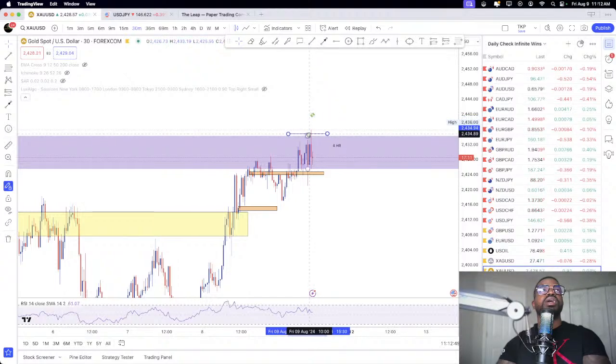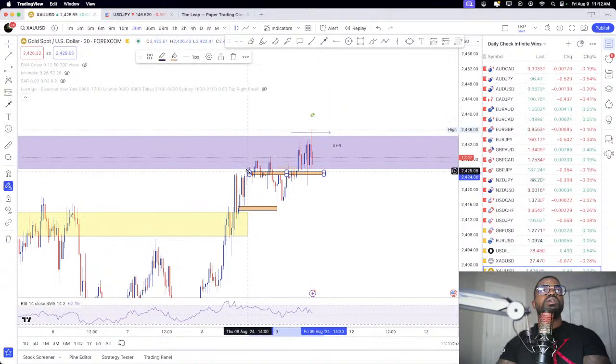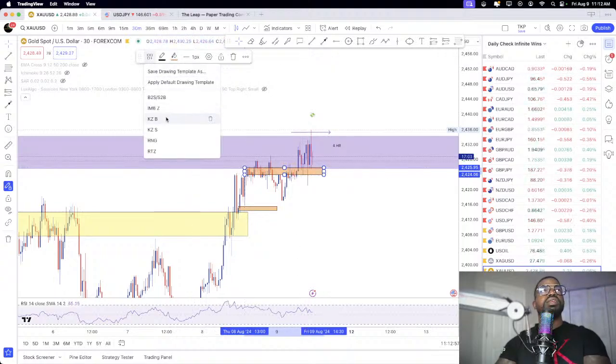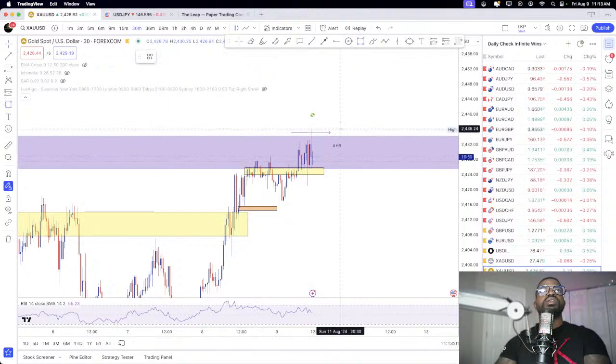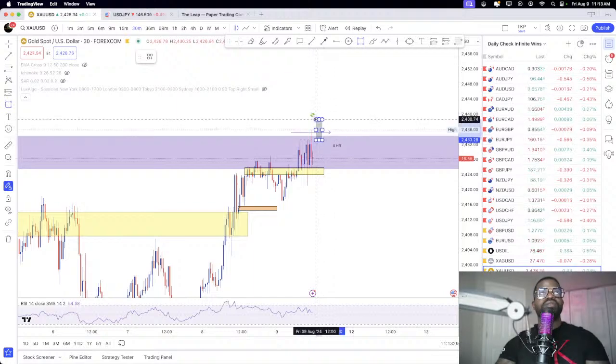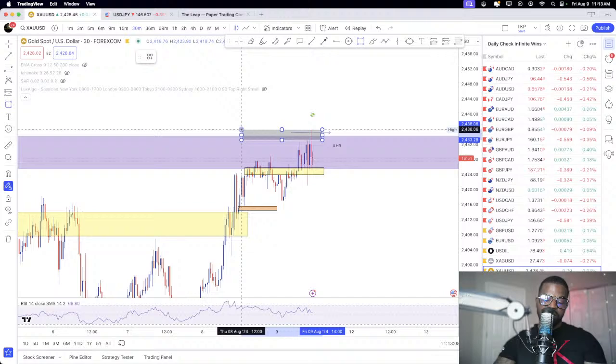So now we got liquidity up here. This low is significant, so we'll look at this as a possible area of range. That area at the bottom will be the structural level of support, and right up here at the highs will be our structural level of resistance.